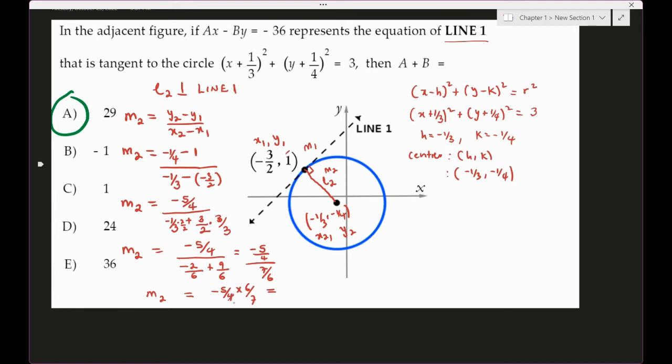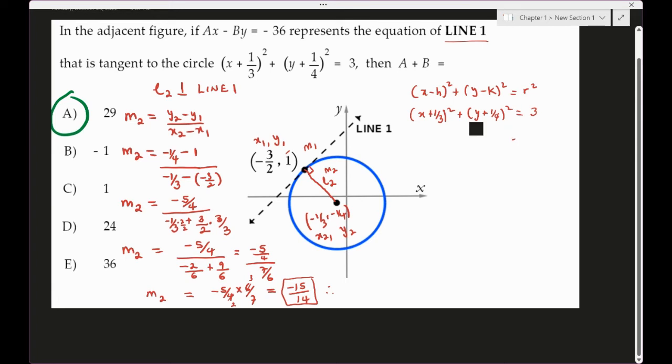We can reduce by 2 here, and 2 and 3 there. So we have minus 15 over 14. Our M2, which is the slope of this line, is nothing but minus 15 over 14.